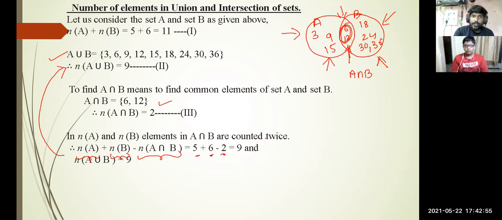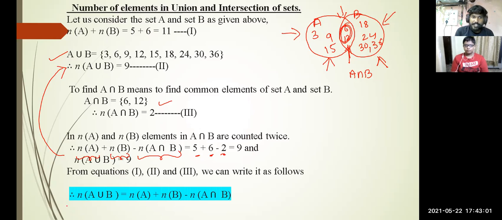So n of A union B will be 9. So from equations 1, 2, and 3, you can say that n of A union B will be n of A plus n of B minus n of A intersection B. Have you understood this formula to find out n of union, the number of elements in the union?